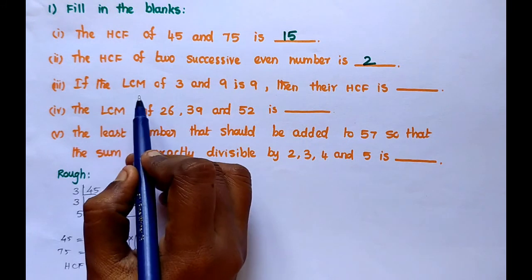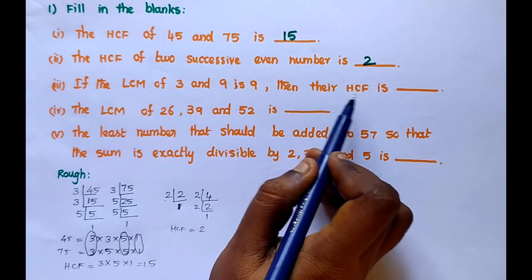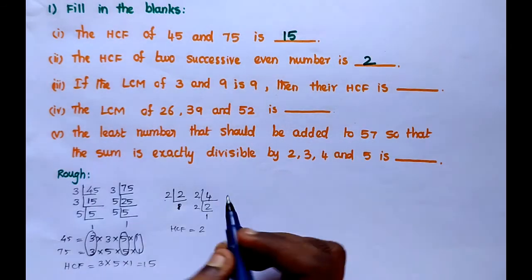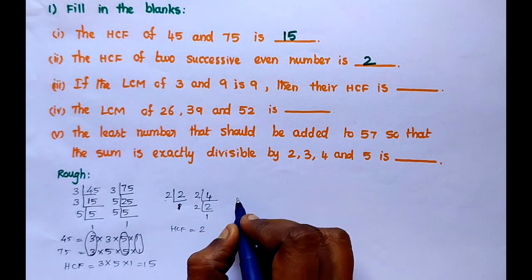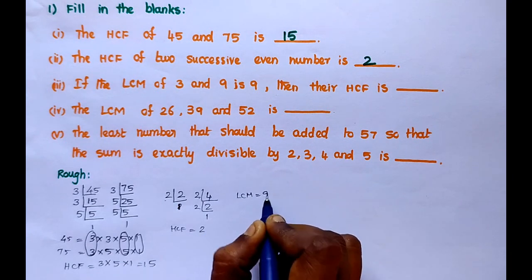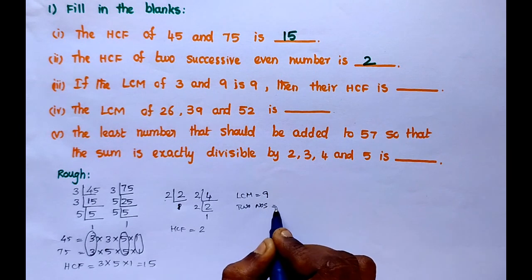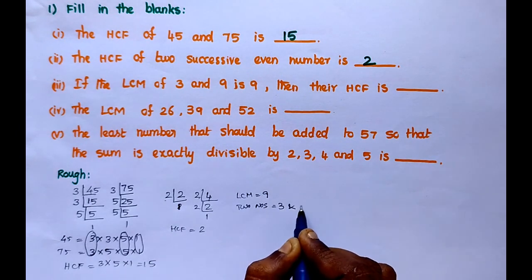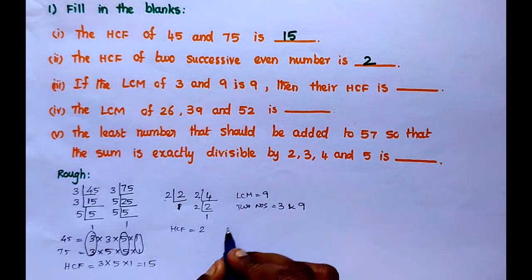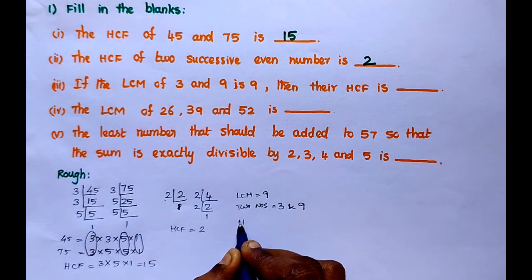Third one, if the LCM of 3 and 9 is 9, then their HCF is dash. Listen, they given LCM is 9. Two numbers, that is 3 and 9. So we want to find out HCF. What is the relationship?